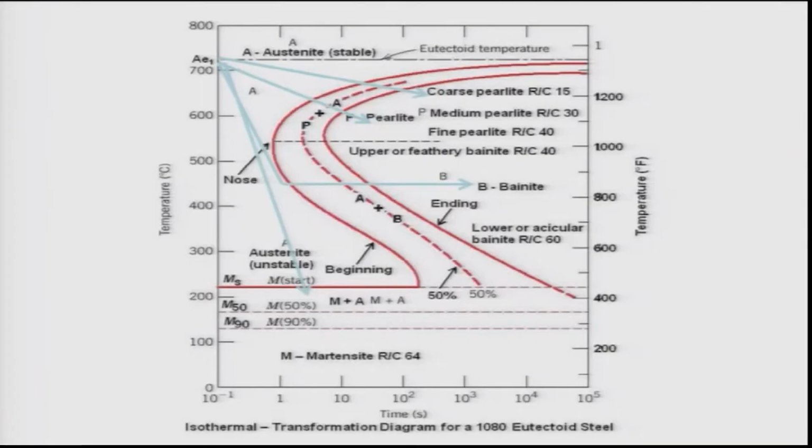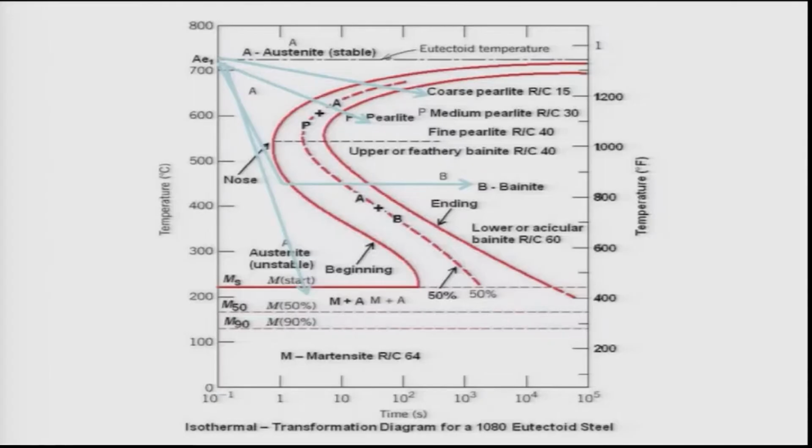So the only way to avoid the formation of pearlite is to bypass this nose. Therefore you should know the critical cooling rate to bypass the nose of the austenite to pearlite transformation. That is not difficult. Once you have the diagram, you can draw a line from the A1 temperature that is tangent to this C curve, and the tangent slope provides the critical cooling rate. To bypass pearlite formation, the cooling rate must be higher than this critical cooling rate.